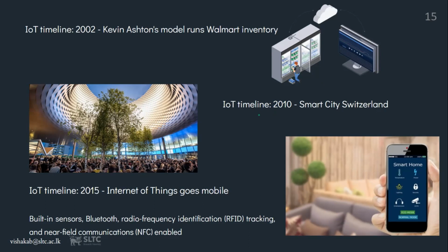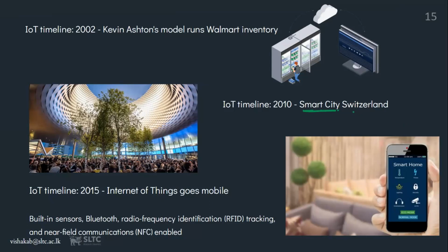So as the next steps, the world has taken many initiations to develop smart cities, and we can see such smart cities in developed countries such as Switzerland, Singapore, likewise US. So all these countries are interested in developing these IoT networks.